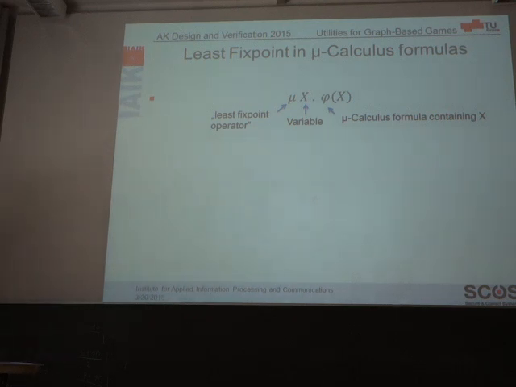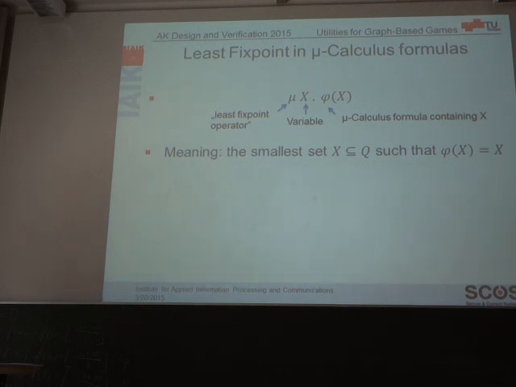Just as we had functions before, where our functions took an integer and produced an integer as a result, here we have functions, actually mu calculus formulas, which take as input a set of states and produce as a result a set of states. But still the idea is basically the same.